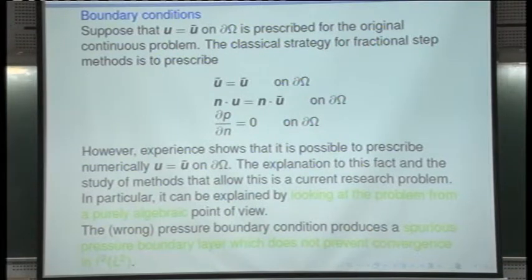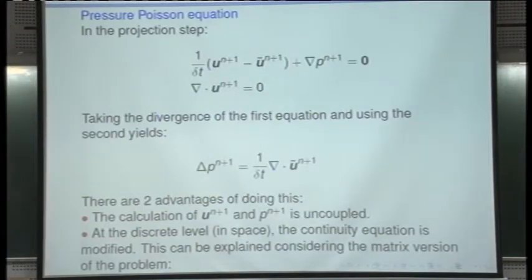And the other problem of fractional step methods is that if you look at this equation, and you take the normal component of this equation, you see that the normal component of u on the boundary is going to be equal to the normal component of u tilde on the boundary, right? And if this is equal on the boundary, it happens that the normal component of the gradient is 0. That's bad luck, you know.